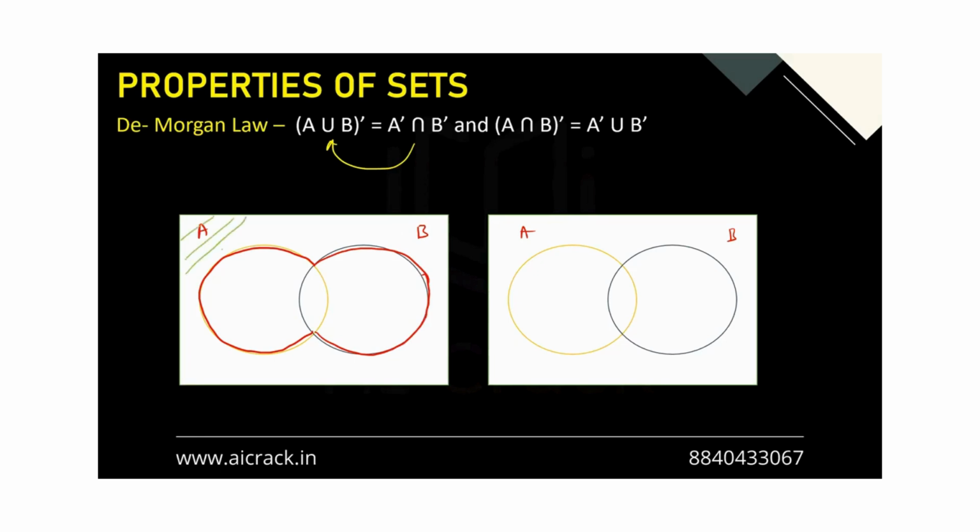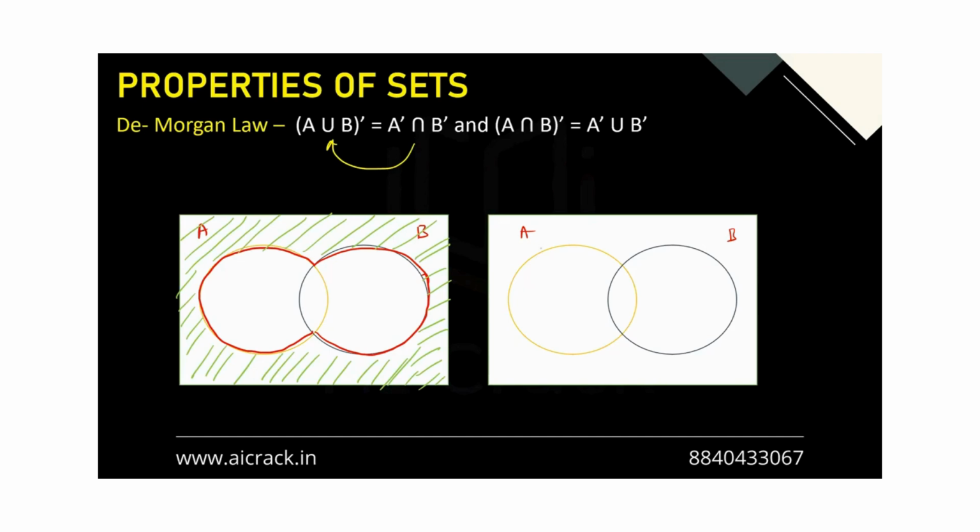That would be this one. Anything outside but inside the universal set. Anything outside A union B but inside the universal set is the complement of A union B, right? This region.